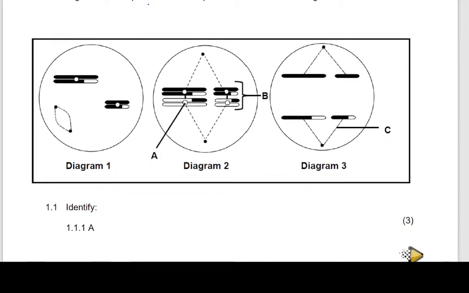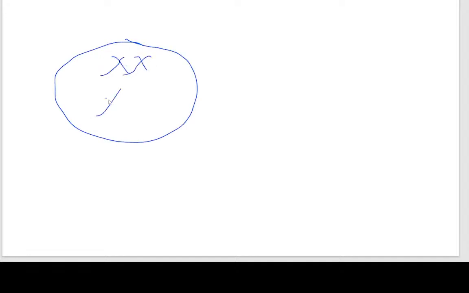To differentiate between meiosis 1 and meiosis 2, how do I differentiate this? If this is a cell, and I have 2 chromosomes there, and they ask you how many chromosomes do you see here, don't say 46 because you don't see 46 there.